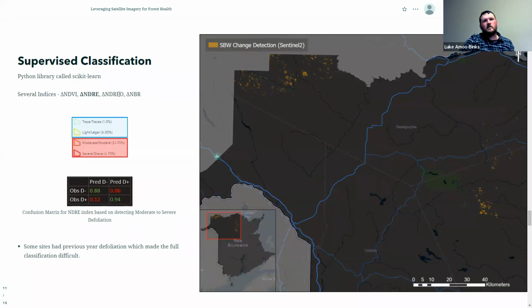Yeah, so in our classification, it had to be 30% or more to pick it up. For the trace to light categories, there's research being done on trying to detect those, and it's probably going to be hard to do with the Sentinel imagery. I think in a lot of cases it's pretty patchy too, so the really light stuff is a real challenge.